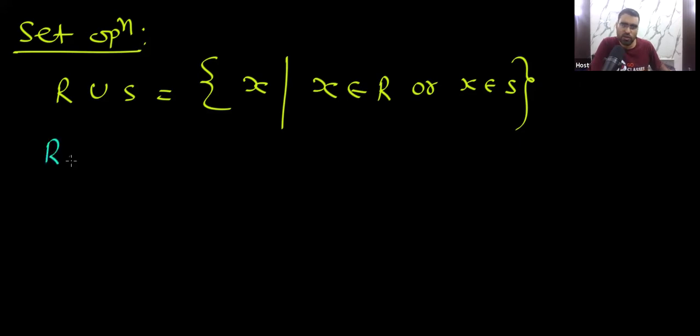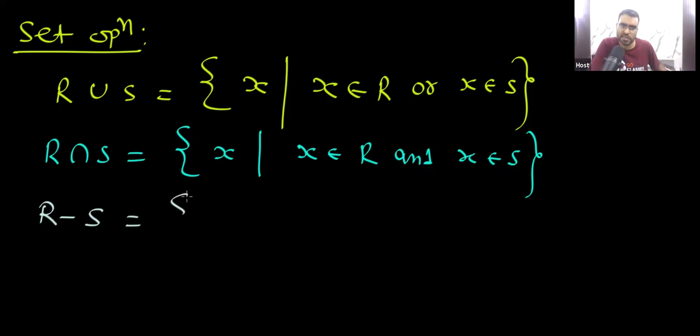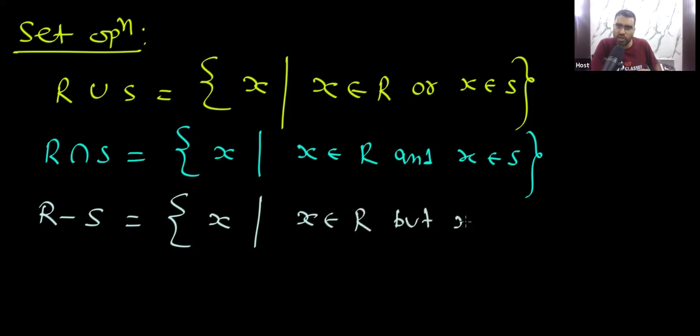Next, intersection means common elements. You take those elements which belong to R and also belong to S. Is this clear? Next is set difference. Here you take those elements which belong to R but do not belong to S. This is set difference.